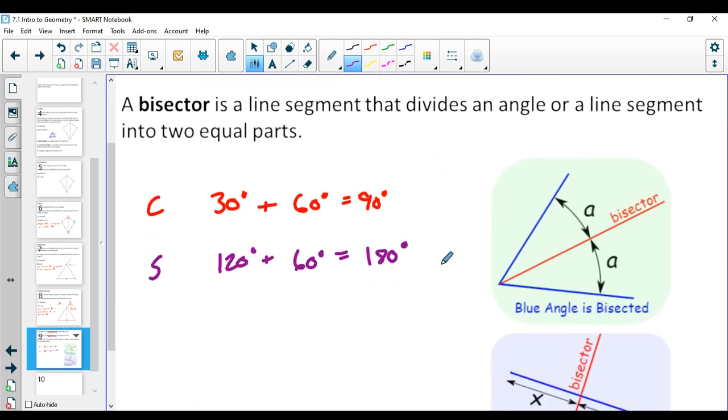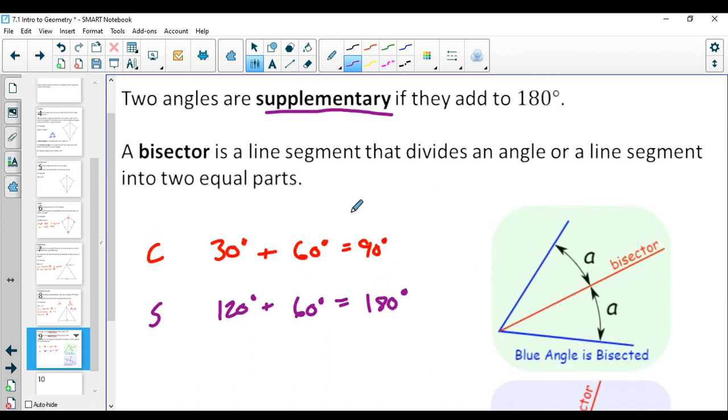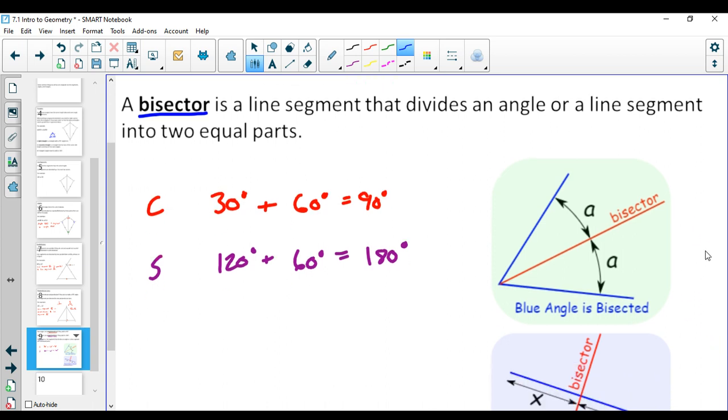And then lastly, a bisector is a line segment. This is probably also a new one. A bisector is a line segment that divides an angle or a line into two equal parts. That is new to us probably, but also pretty self-explanatory. Bisector: bi means two, like bicycle.